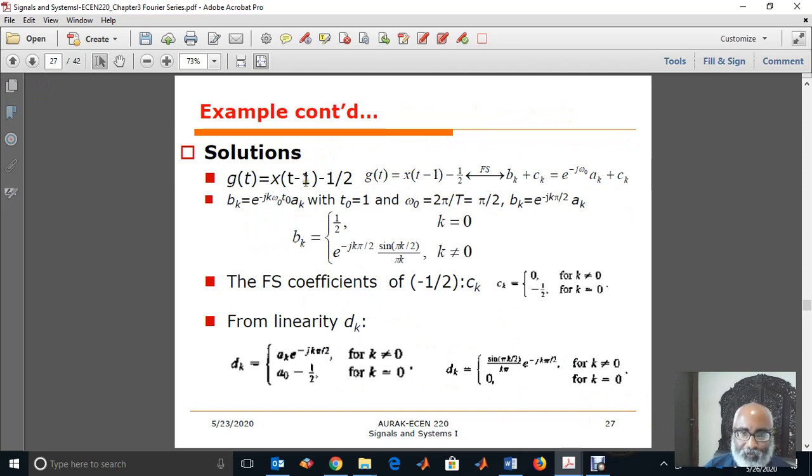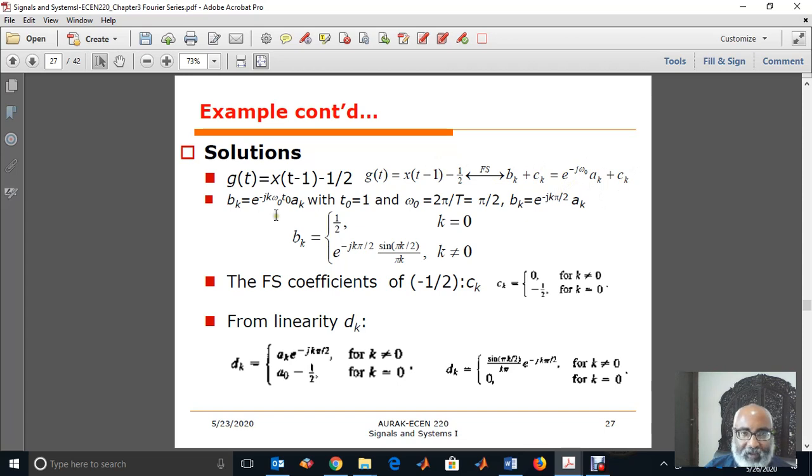For g of t, x of t minus 1 minus half, for x of t minus 1 let's call the coefficients b_k, and for the minus half let's call them c_k. So what will b_k be? It will be e to the power of j k omega naught t naught times a_k, where the time shift t naught is 1. c_k is for the constant part.